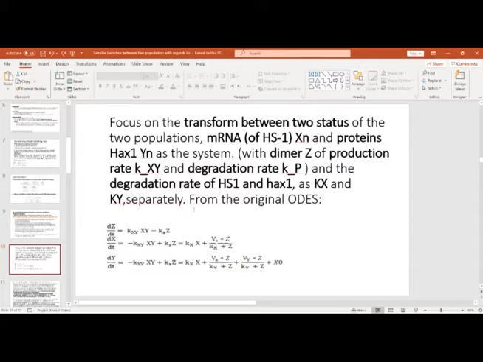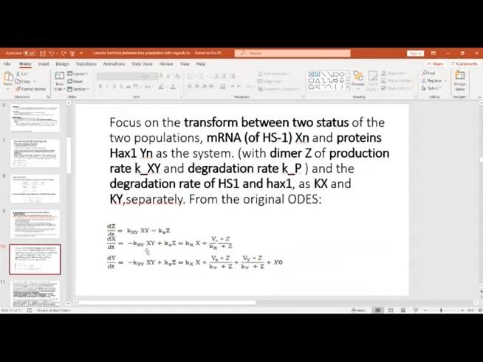Then if we go specifically to our model of the mRNA and the protein, which I didn't write here, it's based on one classical model of the mRNA and DNA research. It's already simplified, with some parameters fixed as one.